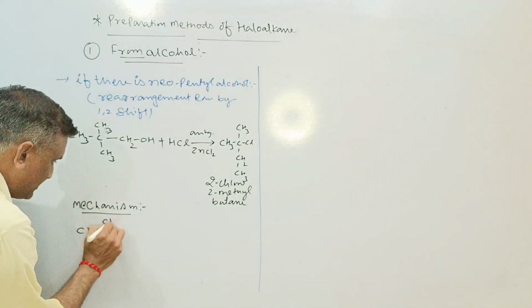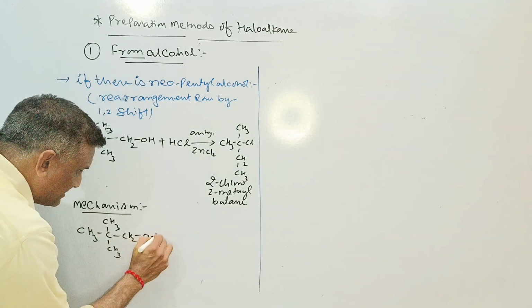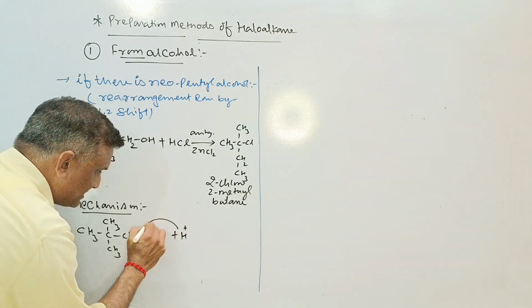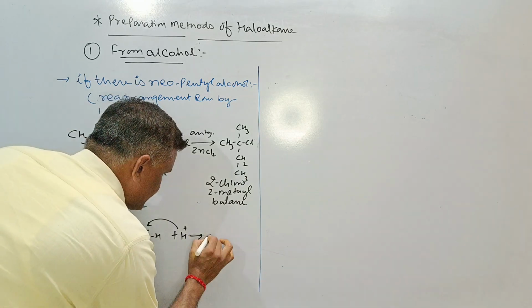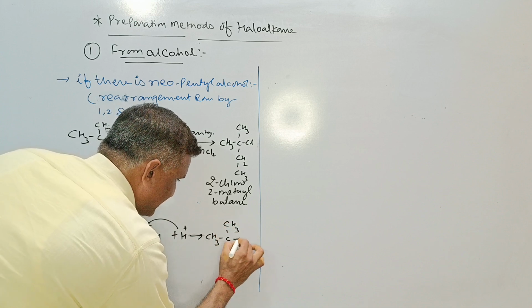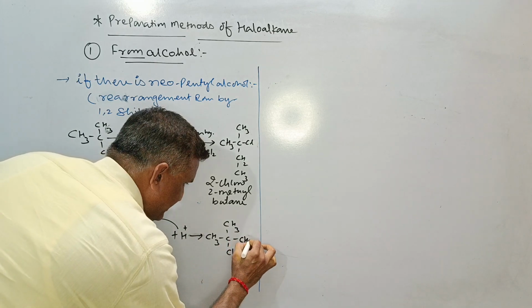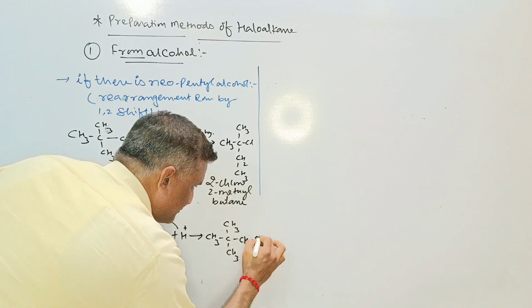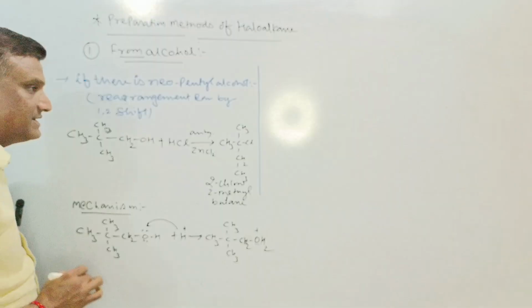So this is CH3, CH2 and OH, and that H plus attacks the oxygen atom and forms CH3, C, CH3, CH3, O, CH2, OH2 plus, with one lone pair. This is the first step.